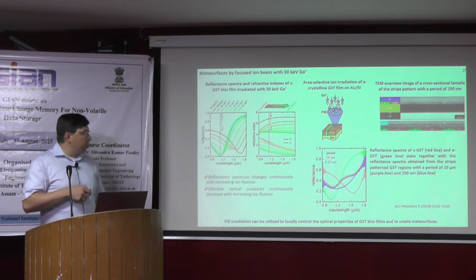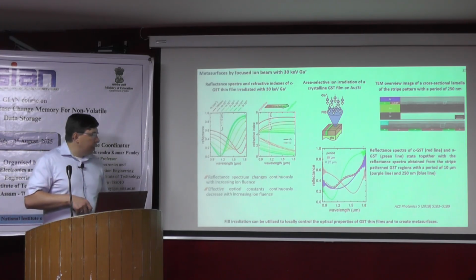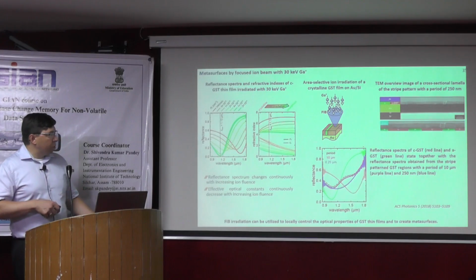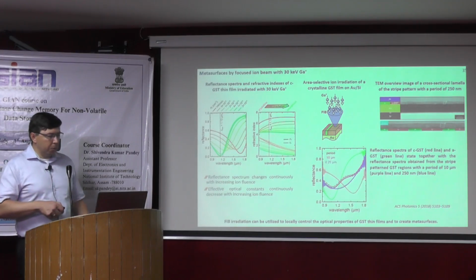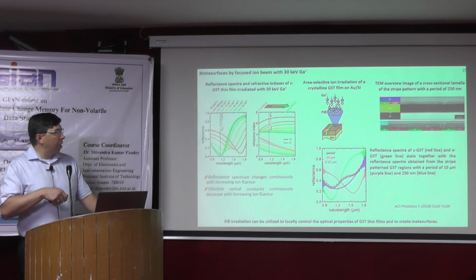And this leads to a change of optical properties, as shown here. This is for the non-irradiated material, and this is for structured material with different spacing, and we show that the reflectance changes a lot. So these ion beams can be used to locally control the properties of phase change materials, and you can also create different types of structures by using a focused ion beam.